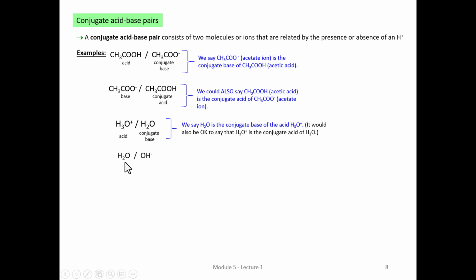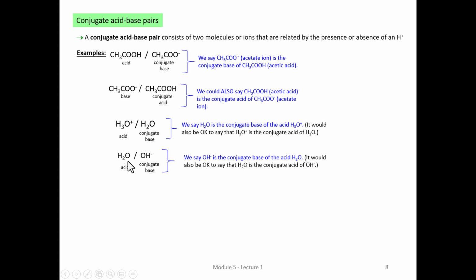How about H2O and hydroxide? So we'll label H2O here the acid and hydroxide its conjugate base. This makes sense. Here, water in relation to hydroxide has an H plus. Hydroxide's missing the H plus. That's why it's hydroxide. So we say that hydroxide is the conjugate base of the acid H2O.